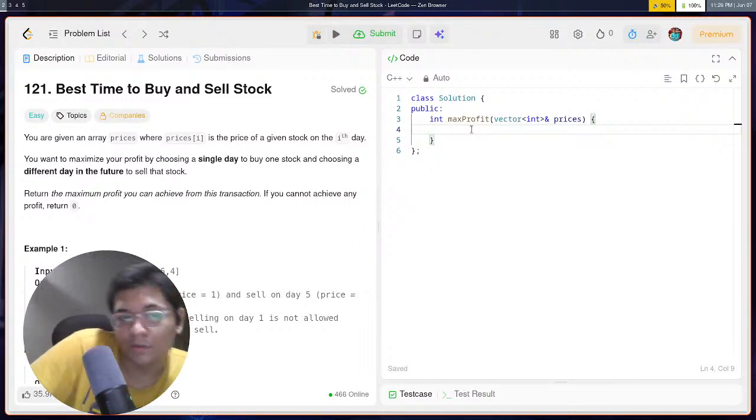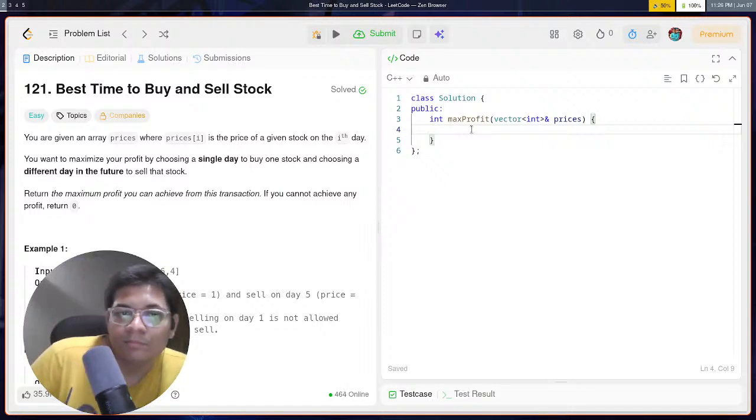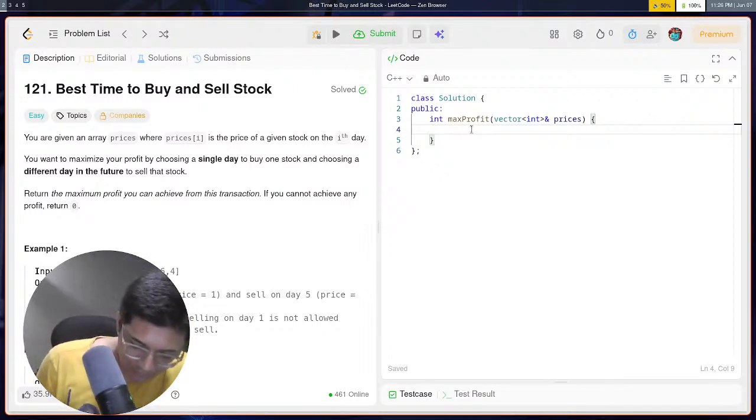You have to find somehow the minimum value from the prices index, and then find the maximum, and the maximum should be greater than the minimum. Let's go.